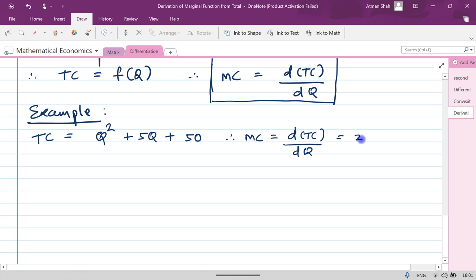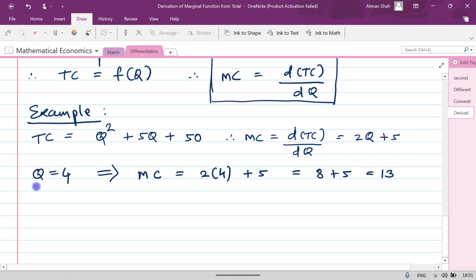So it is 2Q plus 5. Now suppose Q is equal to 4. So therefore marginal cost is equal to 2 into 4 plus 5, that is 8 plus 5, which is equal to 13. So when quantity is equal to 4, the marginal cost is 13, or the marginal cost of the 4th unit is 13.